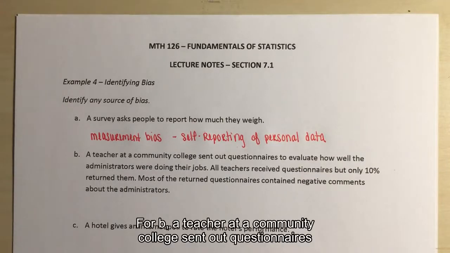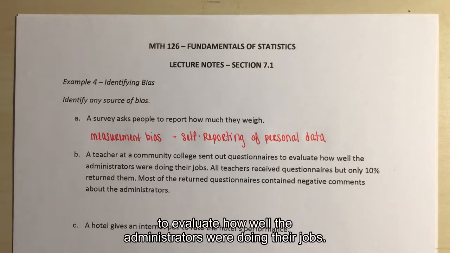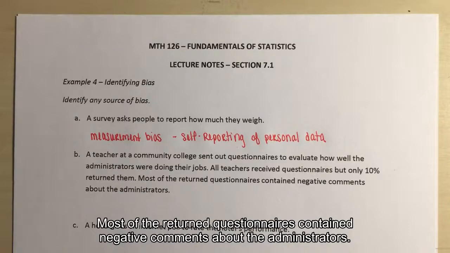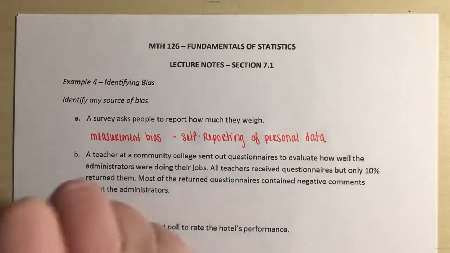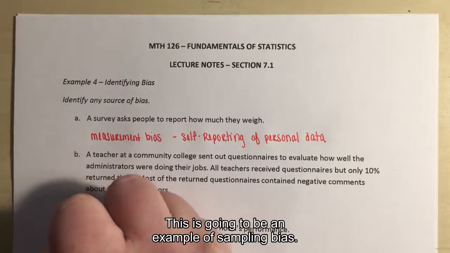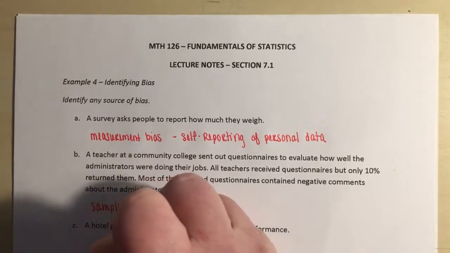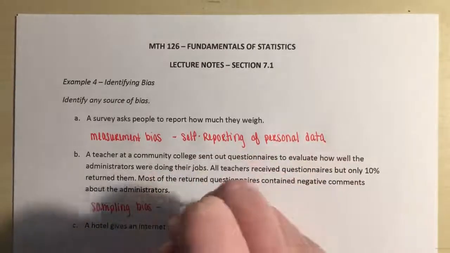Right, for B, a teacher at a community college sent out questionnaires to evaluate how well the administrators were doing their jobs. All teachers received questionnaires, but only 10% returned them. Most of the returned questionnaires contain negative comments about the administrators. So this is going to be an example of sampling bias. Right.